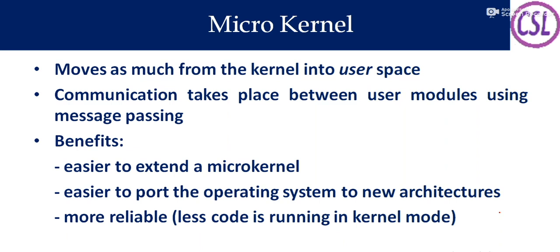And it is reliable, because less code is running in kernel mode, so most of the interaction with the operating system is reduced. That increases the reliability and makes it more secure also. It is very difficult to communicate with the operating system directly. We have user level programs to communicate. So definitely it provides security.